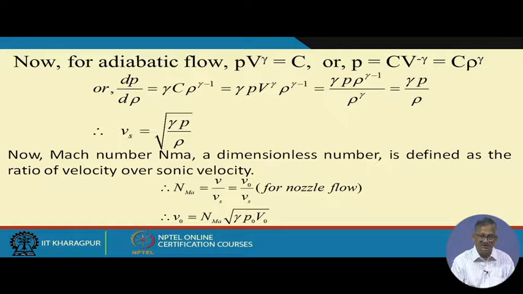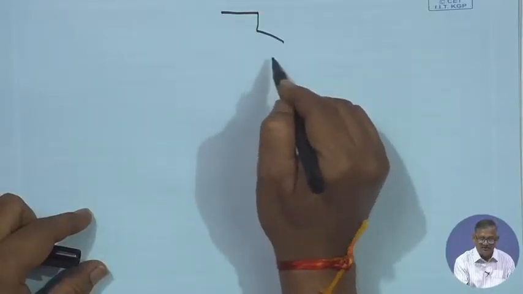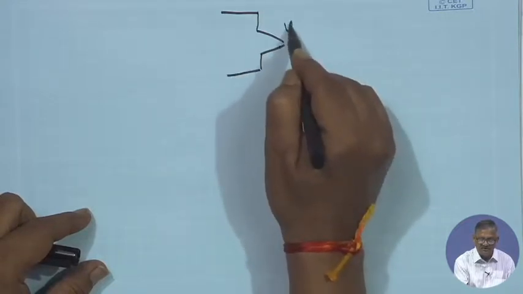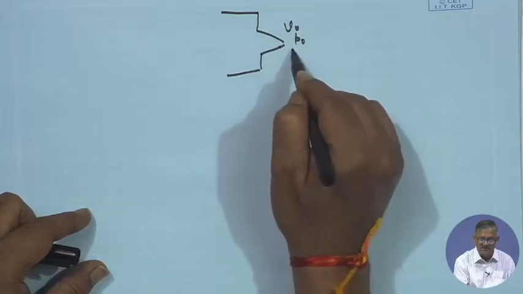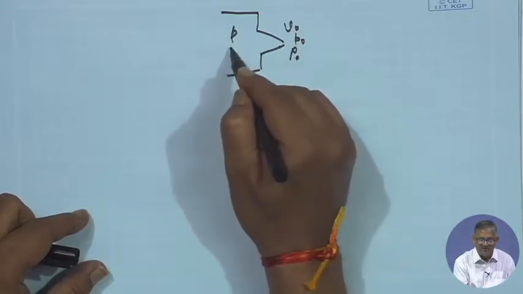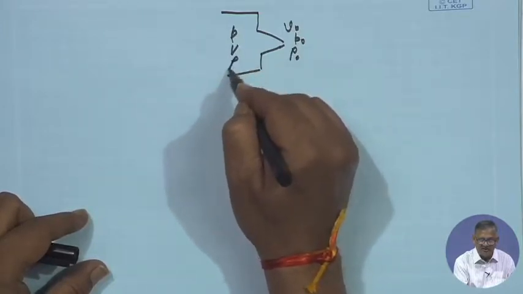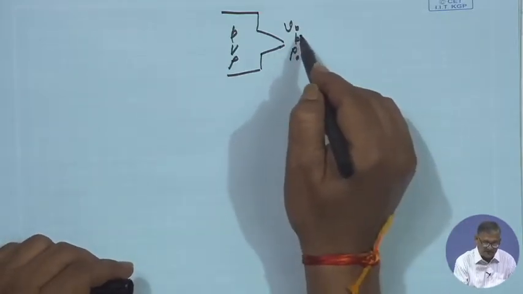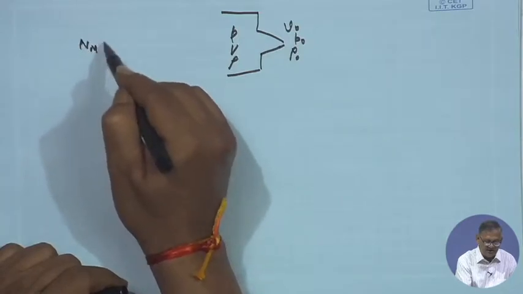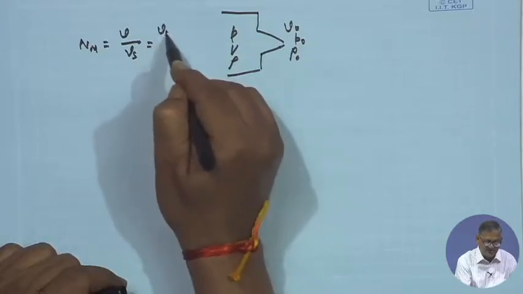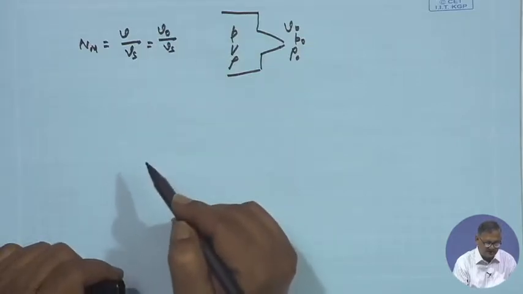This we said repeatedly, but again, if the flow is occurring through the nozzle, and the tip velocity of the nozzle is V0, corresponding pressure is P0 and corresponding density is rho, and similarly inside it is P, V and rho, then for the nozzle velocity NMA is equal to V over Vs, which is V0 over Vs, right.